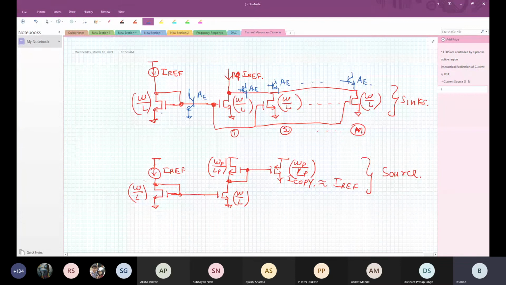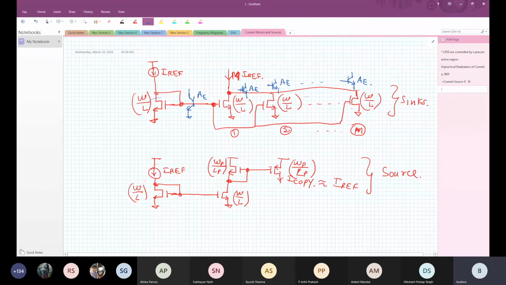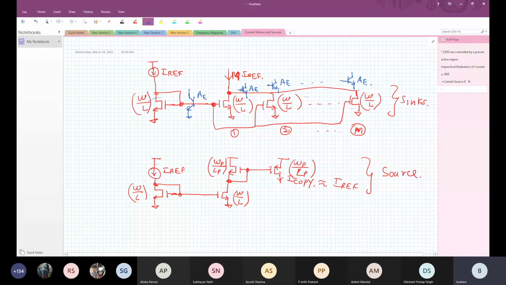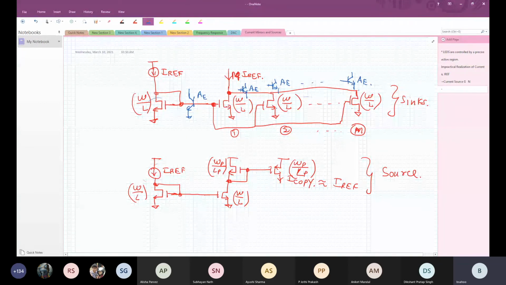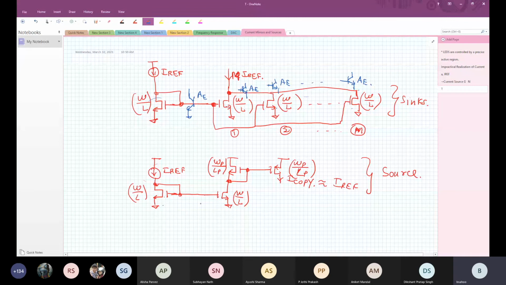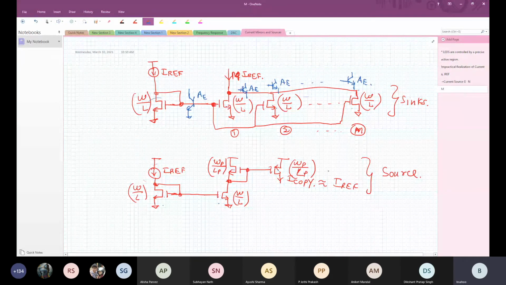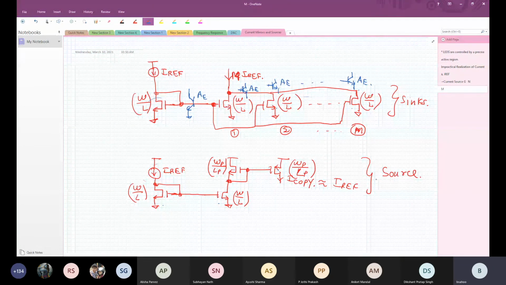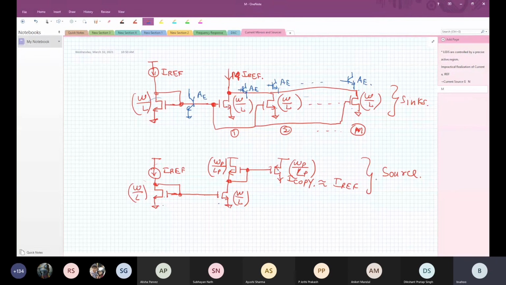You replace these MOSFETs with BJTs of area AE, M of them, and you get M times Iref. Here again you replace this with a PNP. These two will be NPNs, and this will be PNP. You realize a current source. Am I clear? Is that clear? Any questions? I'll stop at this point.